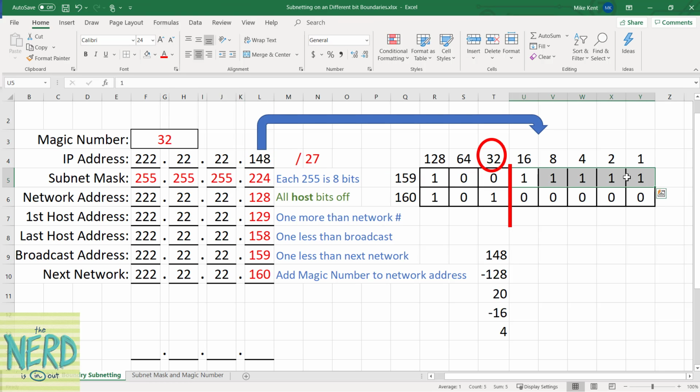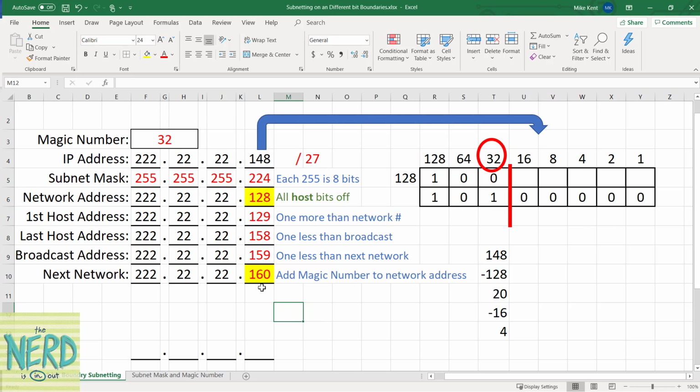So the magic number, once we know that dividing line, then we can take that IP address right there, and all we care about is the network bits. And the network bits are 128. So once we got the 128, we add the magic number to get the next network. Now I've got my bookends. This is one end. This is the other end.